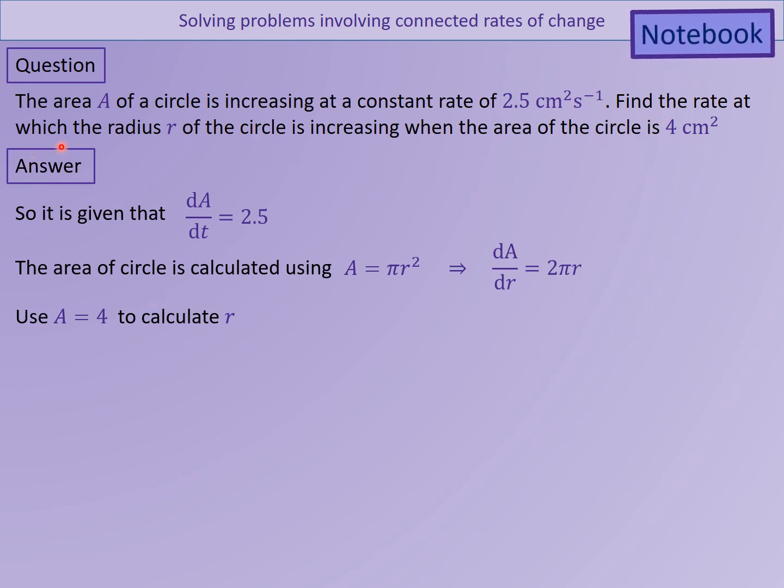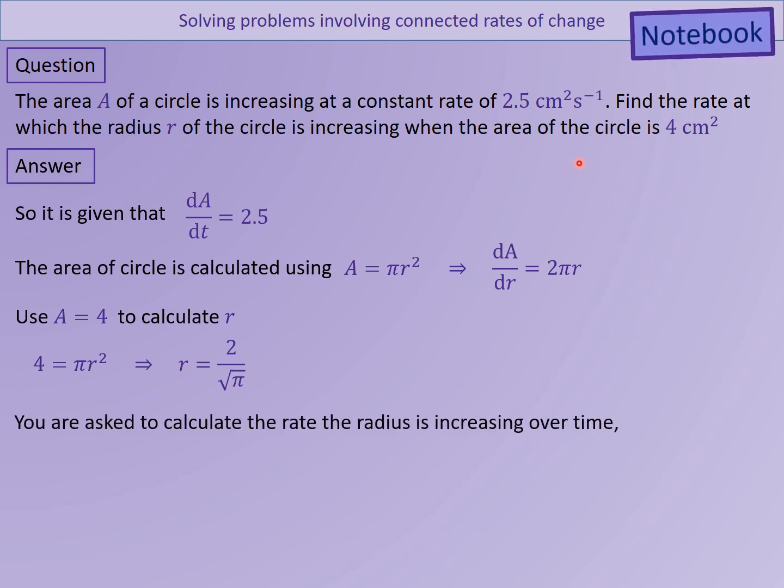So find the rate at which the radius of the circle is increasing, not what is the radius, but the rate that the radius is increasing when the area of the circle is 4 centimeters squared. So I'm looking at when is the rate changing. Right, so what can I do now? Well, I can certainly fill that in. I can work out what the r value is. So r is 2 over root pi, keeping it in exact form.